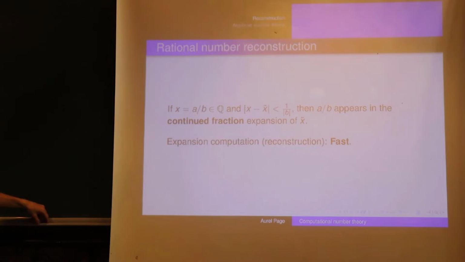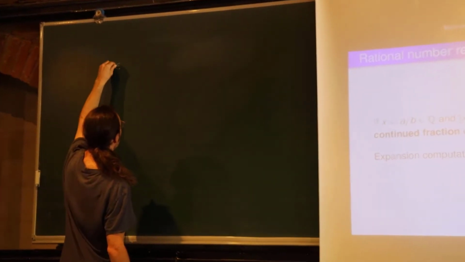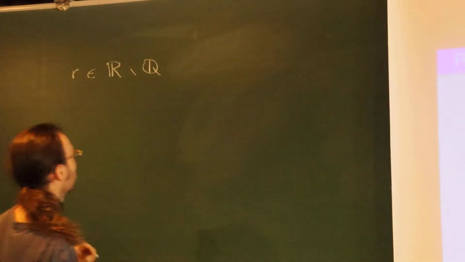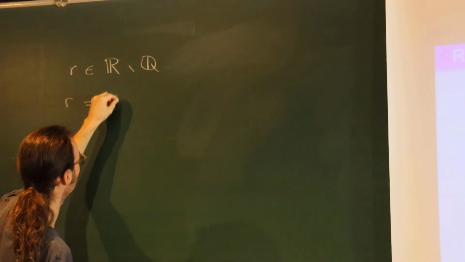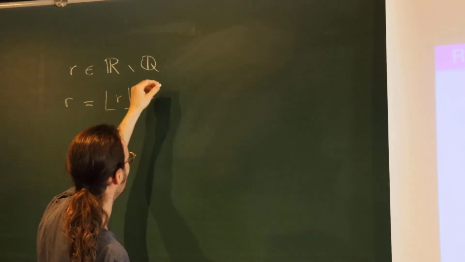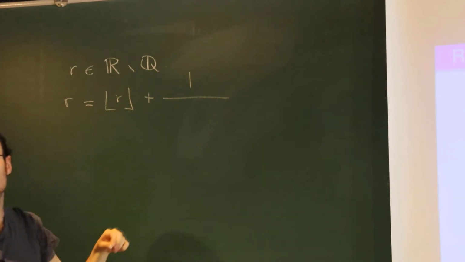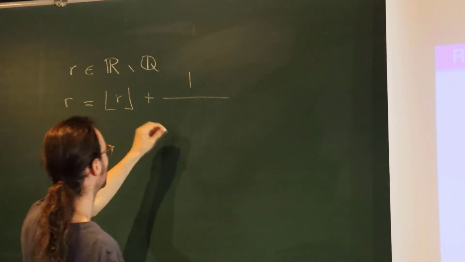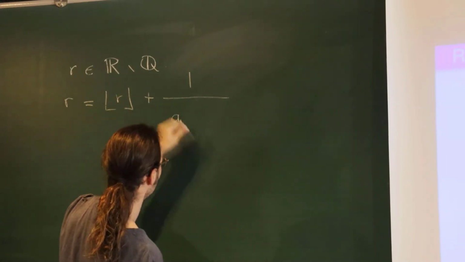So just a quick overview of what continued fractions are. You have a real number, and let's say that it's actually not a rational. So you just write r as its integer part plus something, or maybe the closest integer. And the something will be between 0 and 1. So you invert it, and then you get something bigger than 1. So you can then put another integer here, just do the same process again.